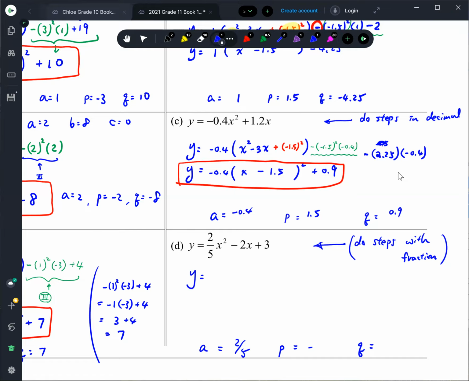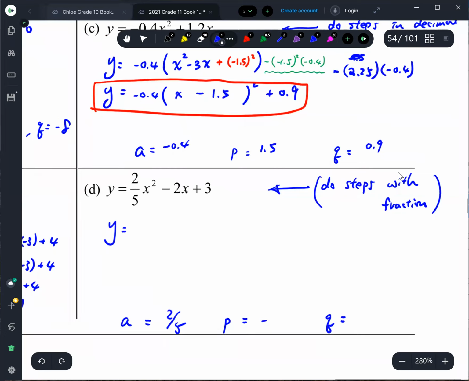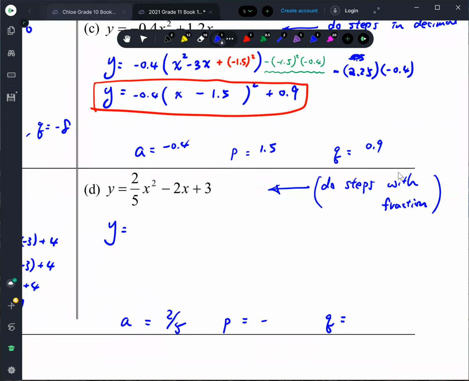So it's better to know how to work with fractions as well. So A is 2/5. P is negative 5/2.